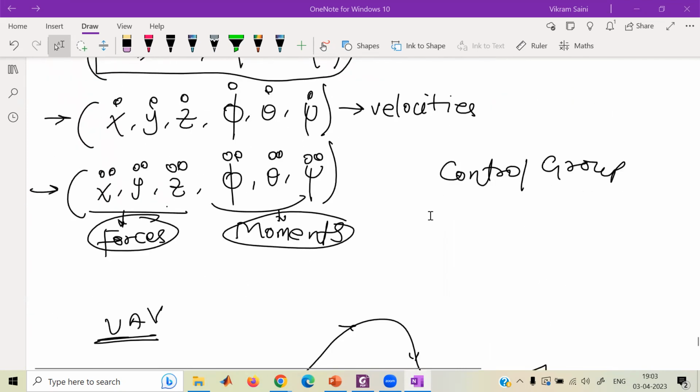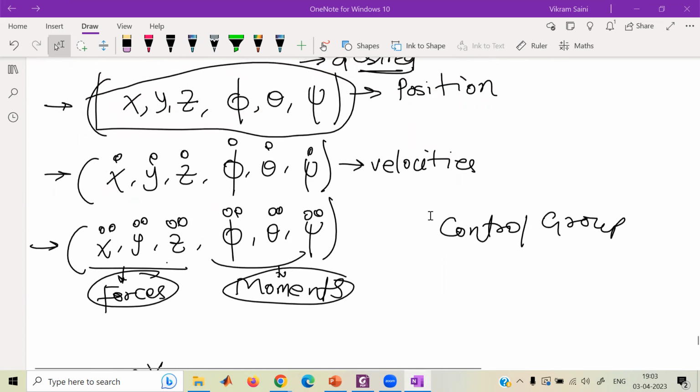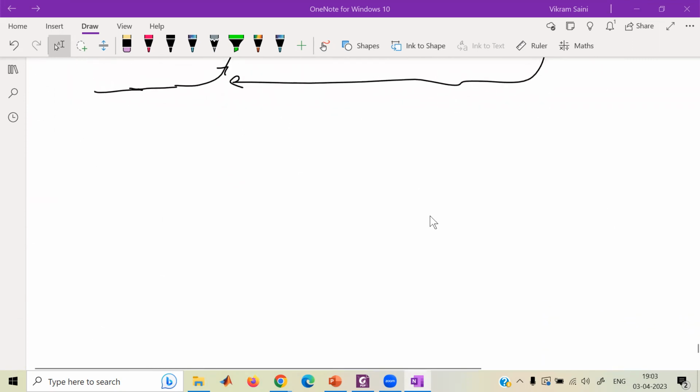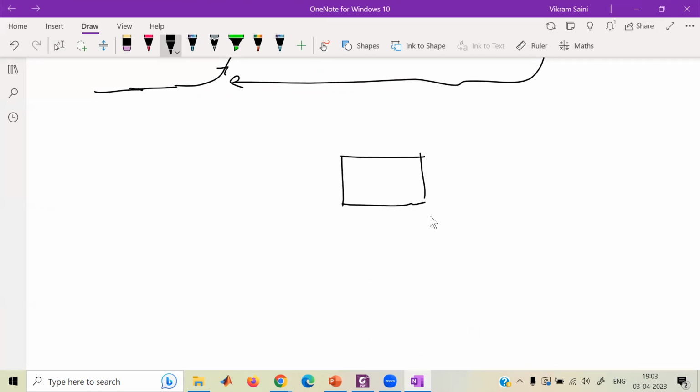So the controls group determines the control laws. Let me give you some idea about the block diagram. Imagine this is the dynamics of the aircraft, and this is the rotational dynamics.